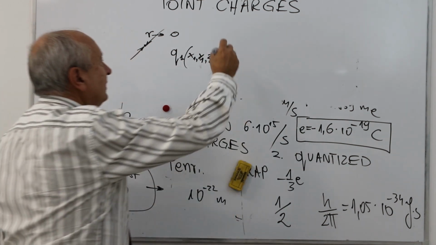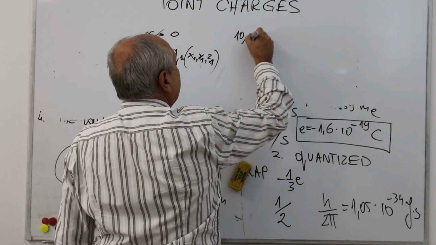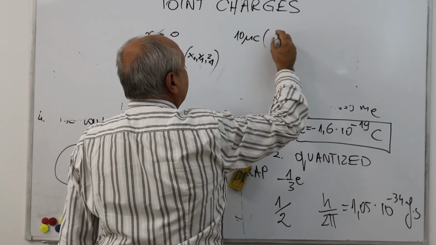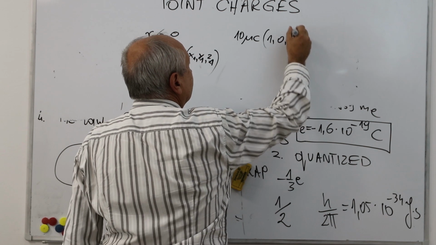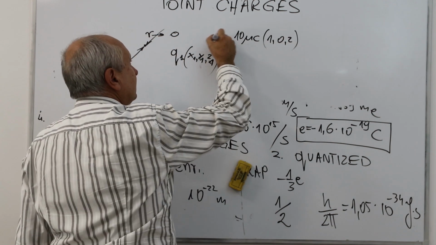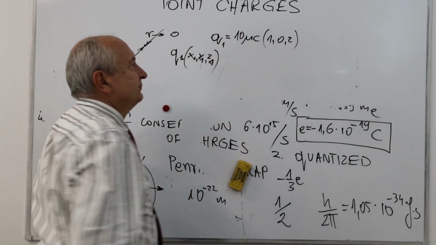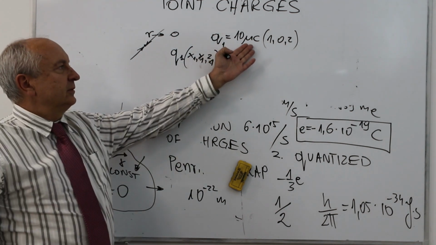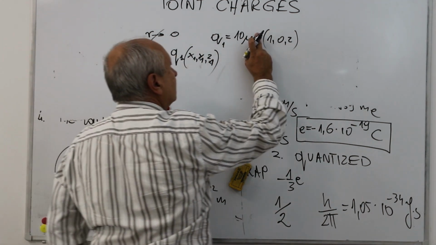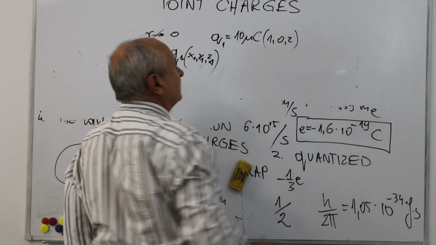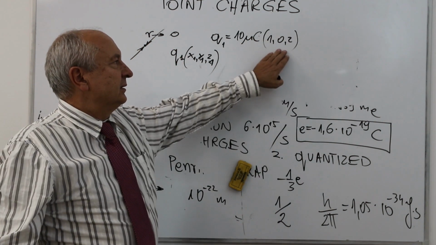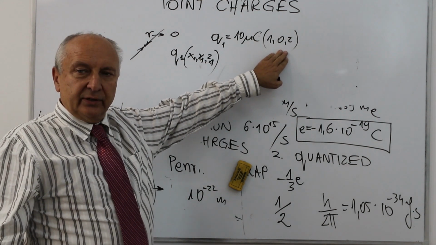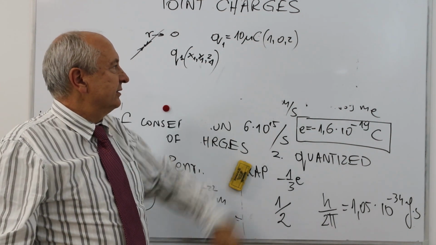For example, 10 microcoulomb in the point 1, 0, 2. This is Q1, the value in coulomb, as well as the coordinates where we can find this charge.